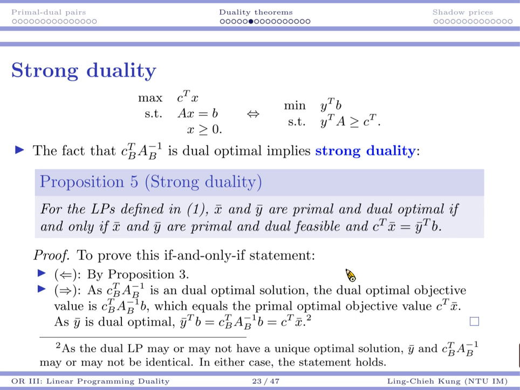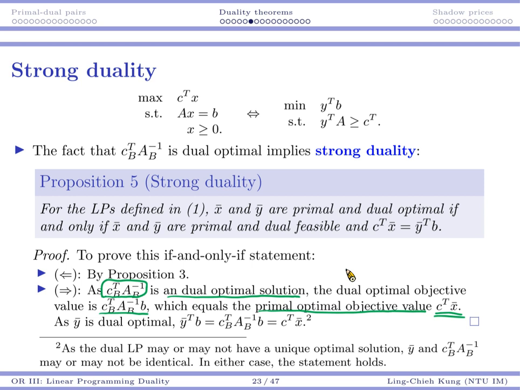Okay? And then let's consider the other way. Suppose that you get CB transpose AB inverse, and you know it is a dual optimal solution, right? So that means the objective value must be CB transpose AB inverse times B, because that's pretty much Y transpose B, all right? So given that, this is going to equal the primal optimal objective value C transpose X, according to our discussions in the previous slides.